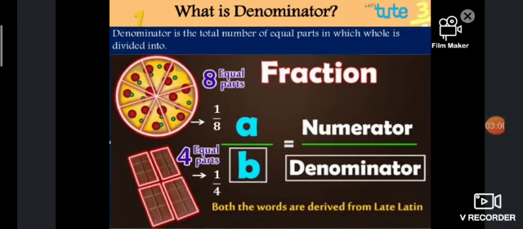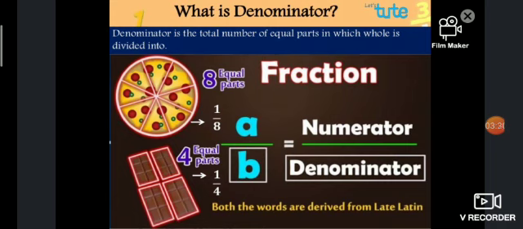What is the denominator? The denominator is the total number of equal parts into which the whole is divided. Like the same pizza you have cut into 8 pieces. The total number of pieces will be the denominator.